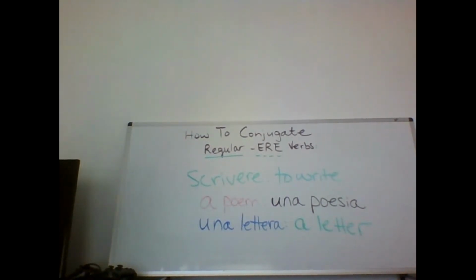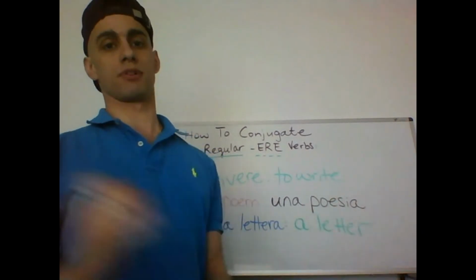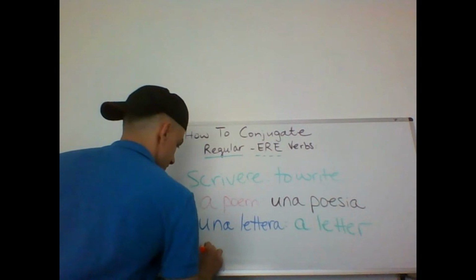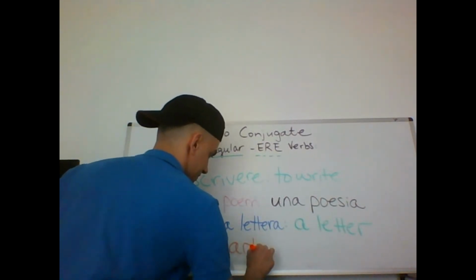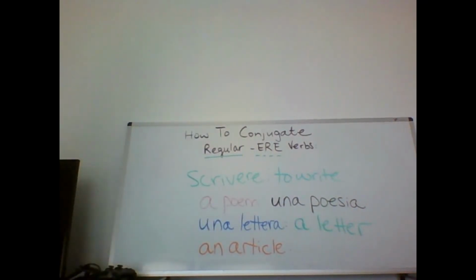Let me just give you one more vocabulary word. Say, for example, you're writing for school. You have to write, I don't know, an article. An article. Okay. Let's use blue.